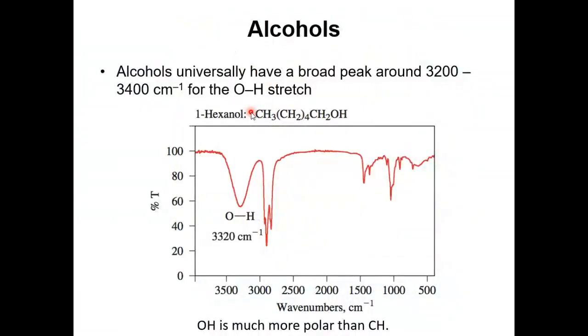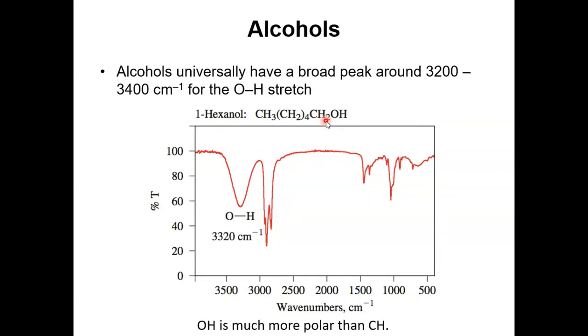Now, if you have an alcohol, what's the name of this one? How many carbons? We have 6 carbons. 1-hexanol. 1-hexanol has one OH bond, and how many CH bonds here? 13, right? You have 13 CH bonds and 1 OH bond.